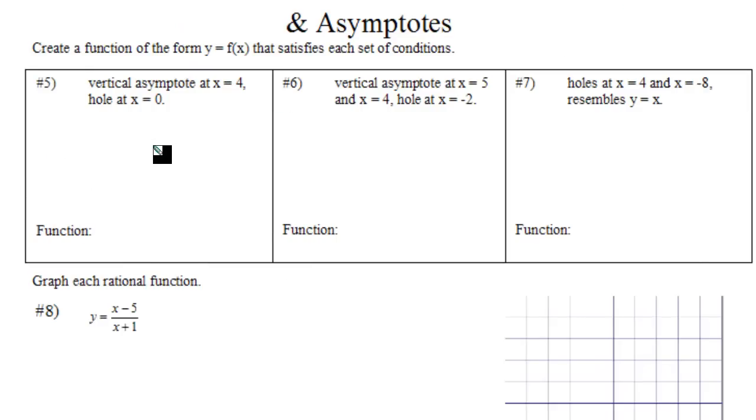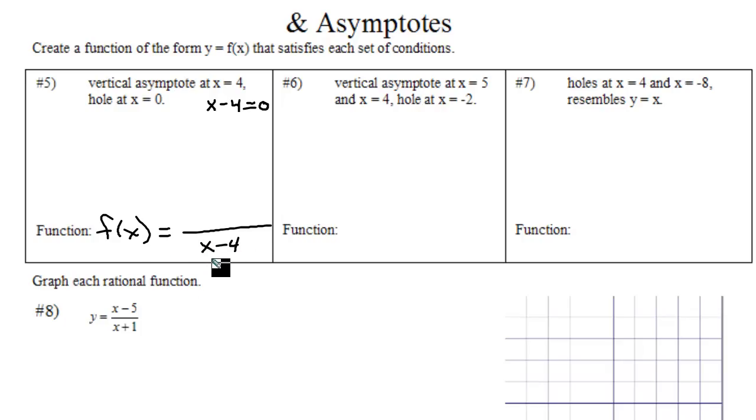Five, 6, and 7, you're supposed to create a function of the form y equals f of x that satisfies each set of conditions. If there's a vertical asymptote at x equals 4, that means the bottom of your fraction had to have an x minus 4 in it.